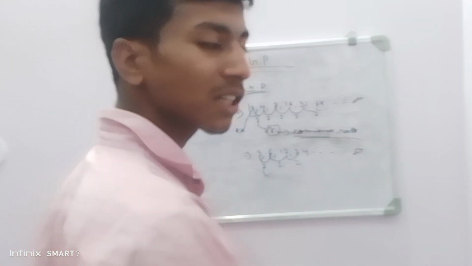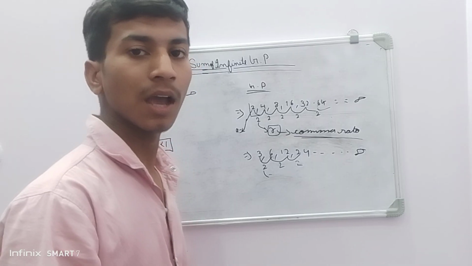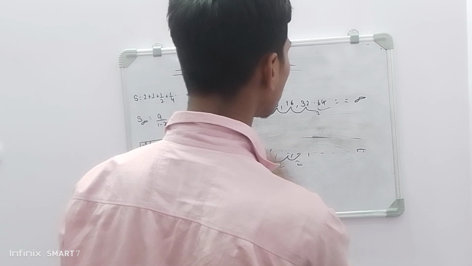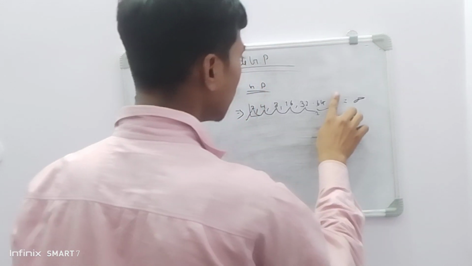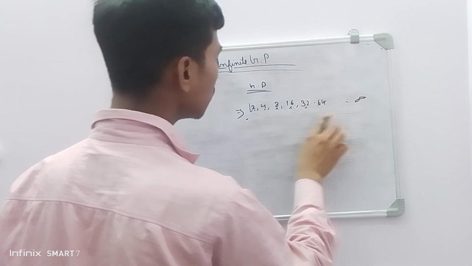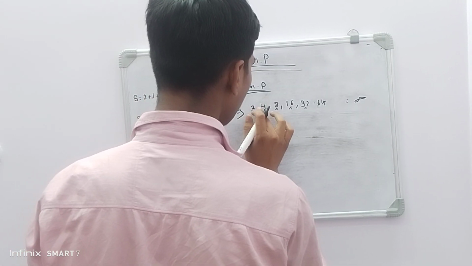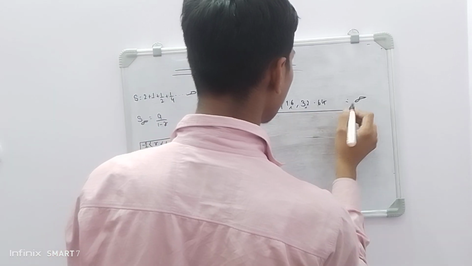So I think you understand the meaning of GP, and today I am going to talk about getting the sum of the infinite GP. Let's suppose this sequence is a GP.